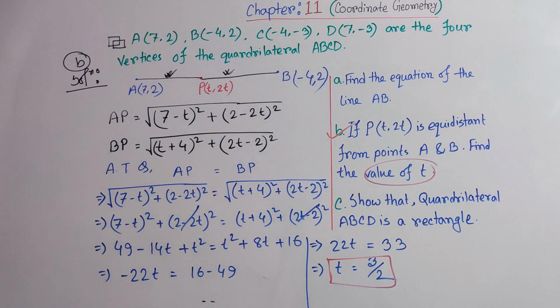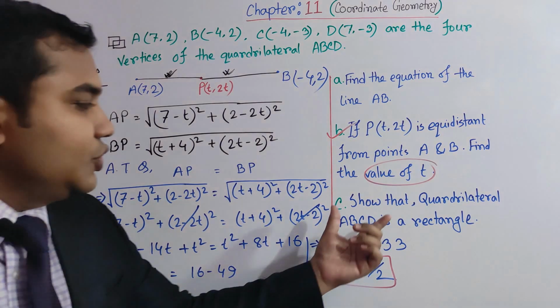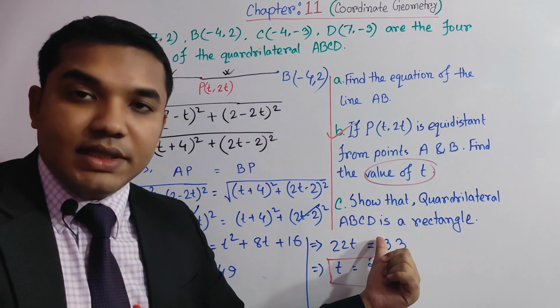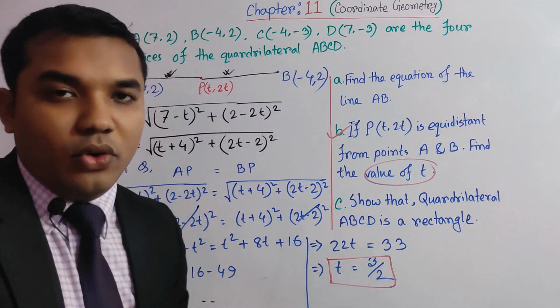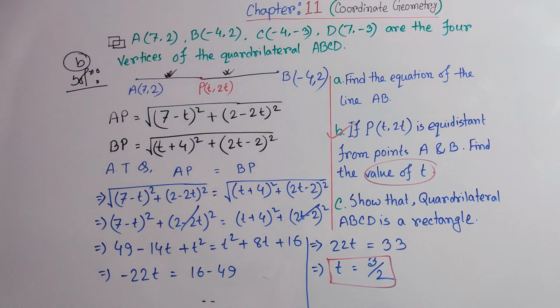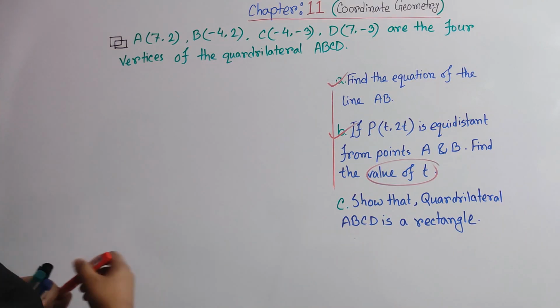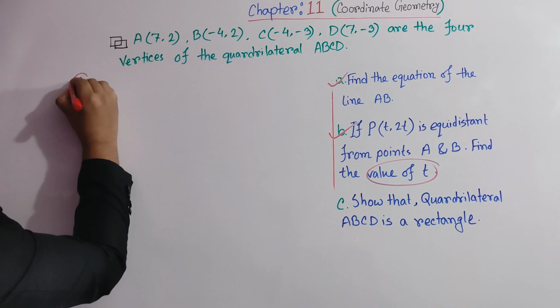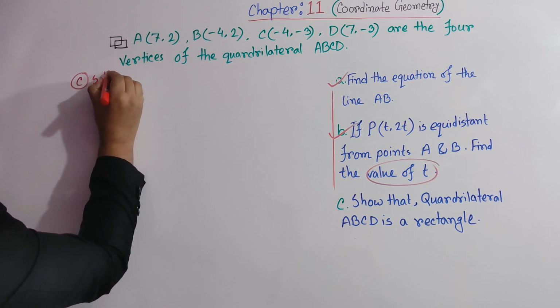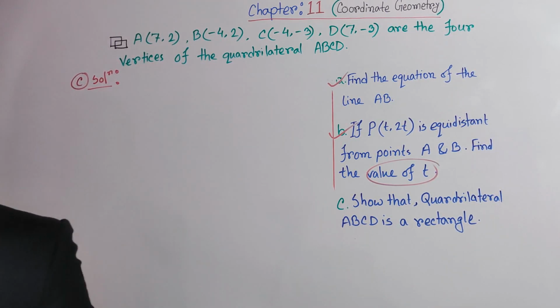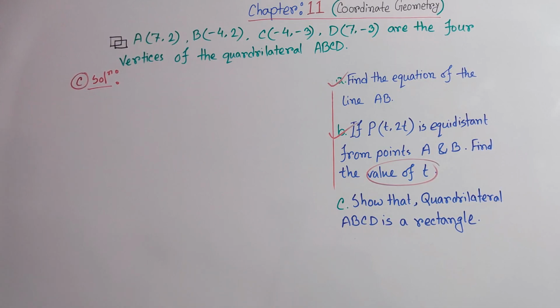Okay, dear students, now we move on to our last question, that is, show that quadrilateral ABCD is a rectangle. We have already done two questions, and now we are focusing on question number C. What the question is saying is that this should be a rectangle.